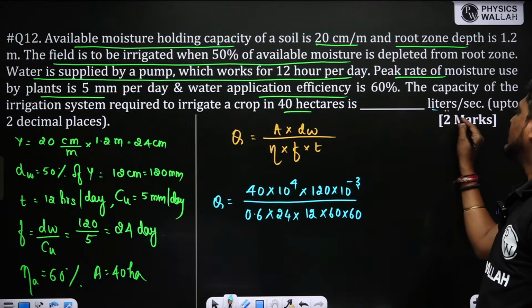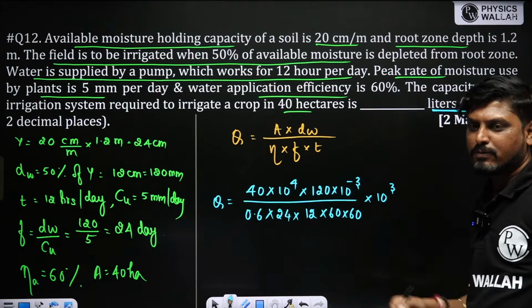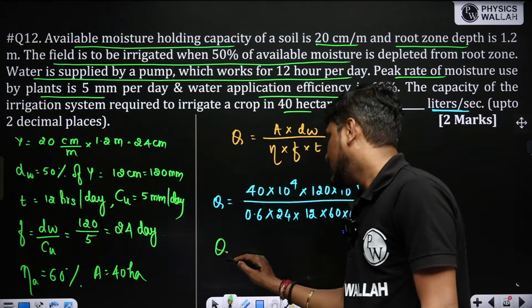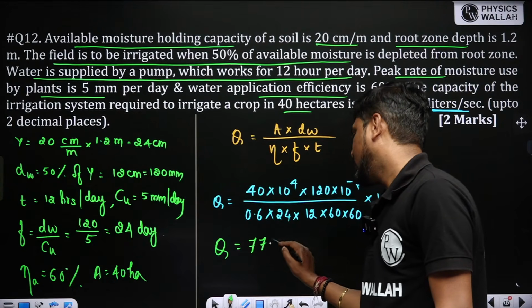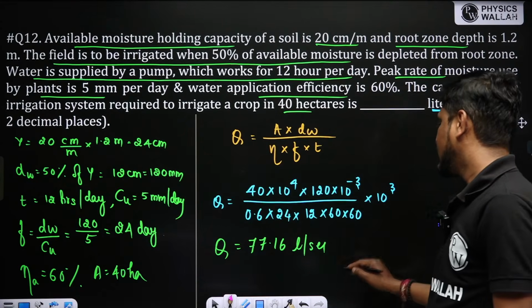We require answer in terms of liters per second, multiply by 10 to the power 3. I hope you are perfect in conversions. Now solve this one, you will get 77.16 liters per second. This is your exact answer.